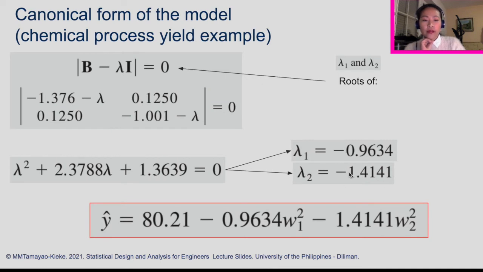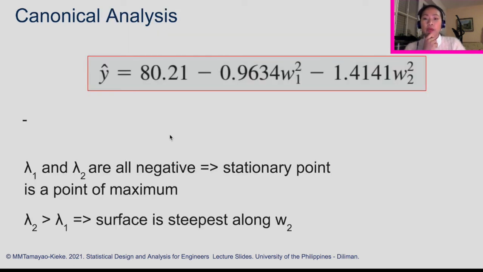Then we can now use this in the canonical form of the model. So y hat is equal to 80.21, this is y hat s, minus 0.9634 w1 squared minus 1.4141 w2 squared. Now having obtained the canonical form of our model, we can perform canonical analysis.